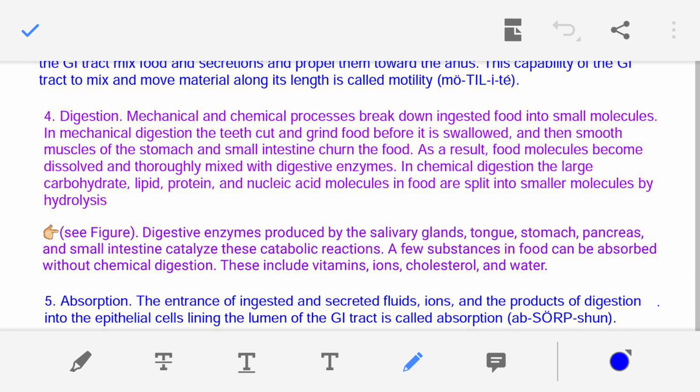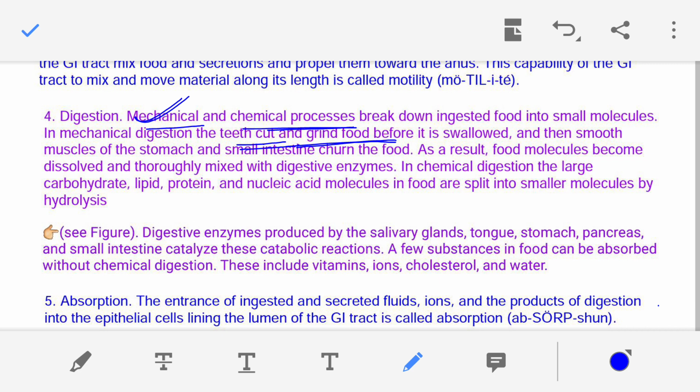See, there are two types of digestion. One is mechanical digestion and the other one is chemical digestion. The food that we chew in our mouth with the help of our teeth, that is mechanical digestion. With our teeth we are cutting our food, and at the same time we are also grinding our food.